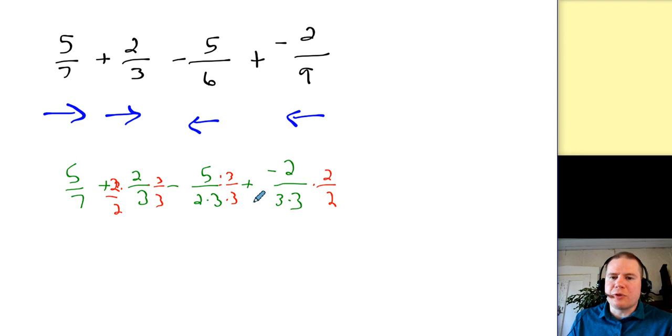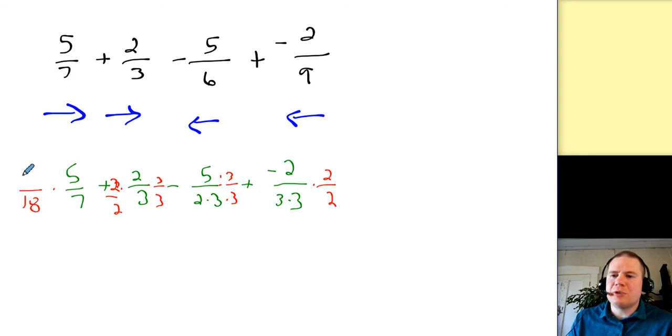Now these are all the same, but 7 doesn't have any of this. 7 needs a 2 and a 3 and a 3. I could write that as 2 times 3 times 3. But especially when my numbers are small, let me just do that arithmetic. 3 times 3 is 9. 9 times 2 is 18.